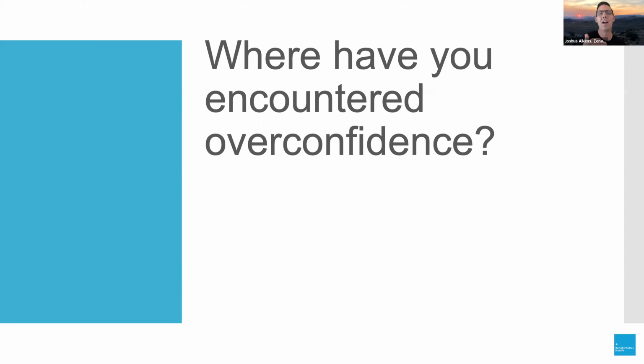We tend to underestimate the complexity. We overestimate how quickly we're going to be able to accomplish something, how we're going to be able to do that within a given budget, and what our chances of success are. And that's something that we see over and over again in a number of different settings.